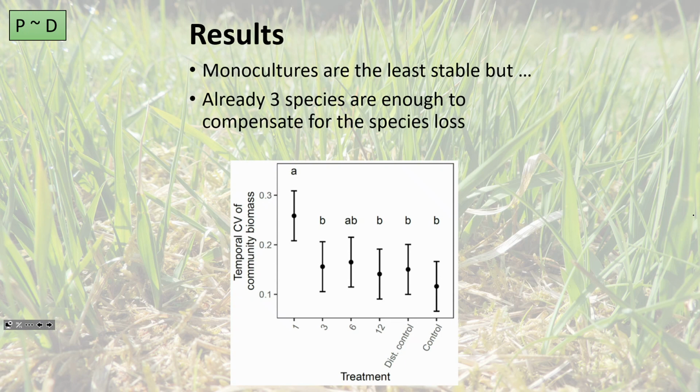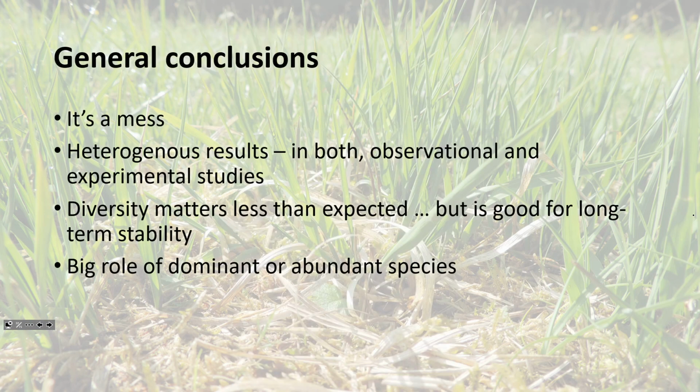However, already three species are enough to stabilize the community to the very same level as the 40 species in controls are able to. So monocultures are unstable, but the rest, the three-species plots, are already stable enough.